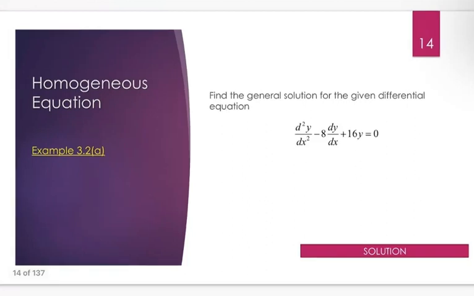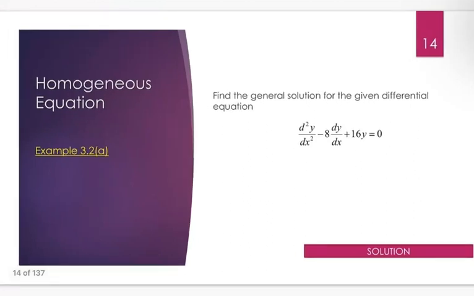And let's try this one. Find the general solution for the given differential equation: d squared y over dx squared minus 8 dy over dx plus 16y equals 0.